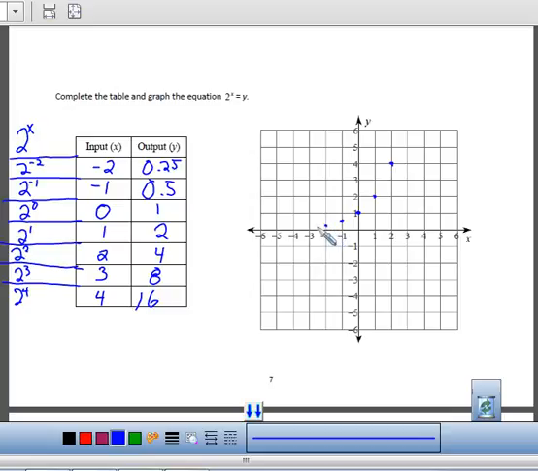And what we have here is a nice smooth curve that gets really flat on this end and gets really steep on this end. And this is what's known as an exponential graph or an exponential curve. Okay?